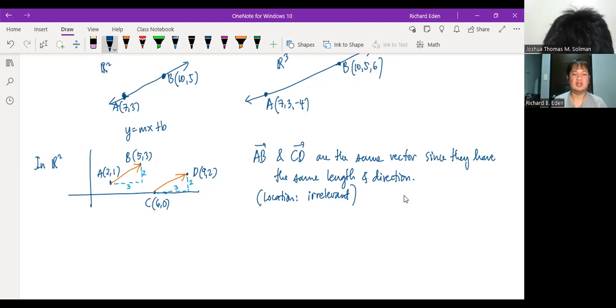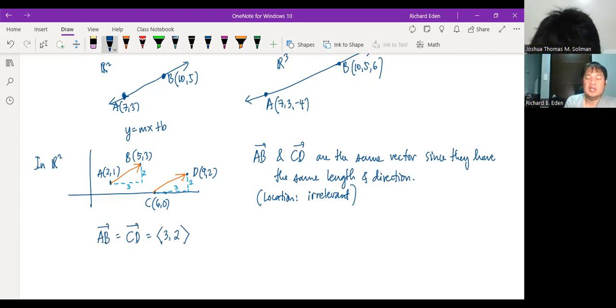Then 3 and 2 are what we're going to refer to as the components of the vector AB, which is also the vector CD. Yung how much X travel and how much Y travel. Yeah, AB equals CD, and they each have components 3, 2.